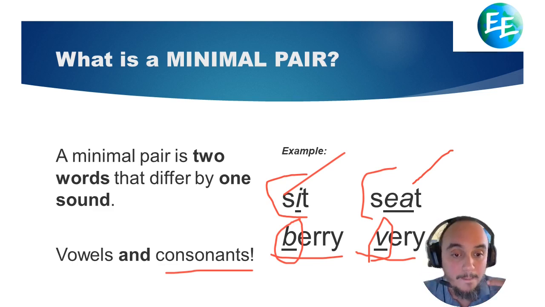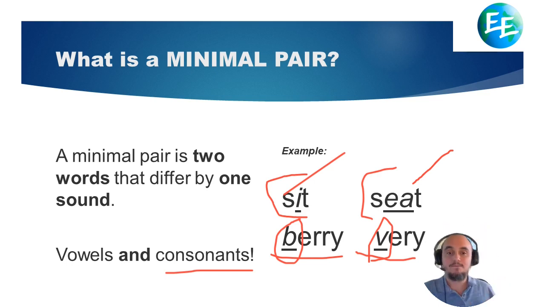So we have B, where the lips are hitting each other, B, and popping like that, berry, versus very. So we're doing the same movement with our lips where they're hitting each other, but we're vibrating the teeth on top of our lips like that. Very, very. Okay? So we have berry versus very.